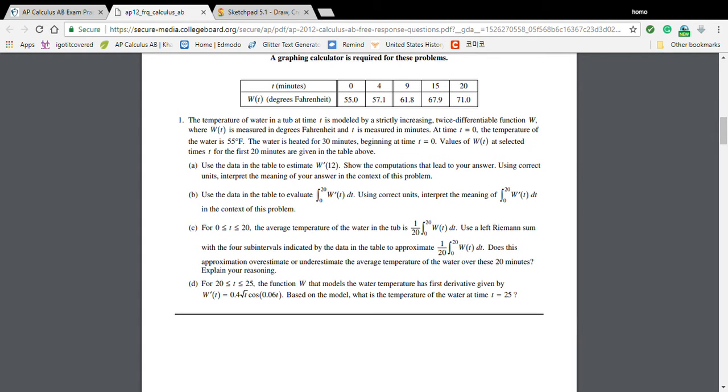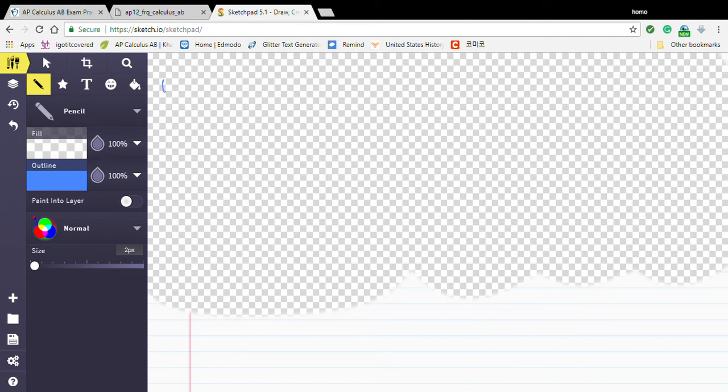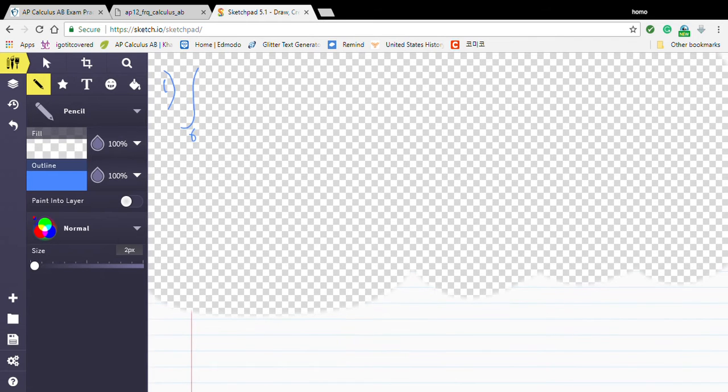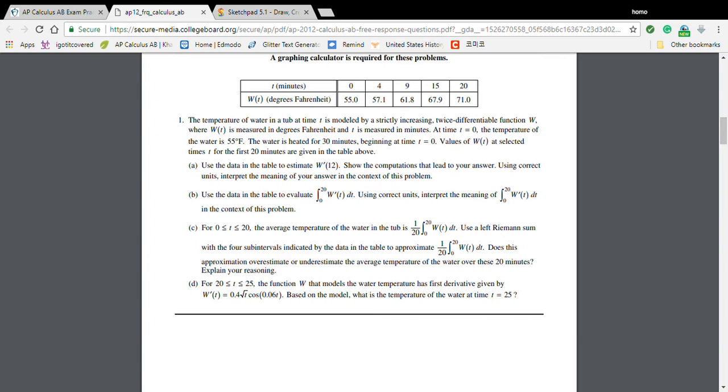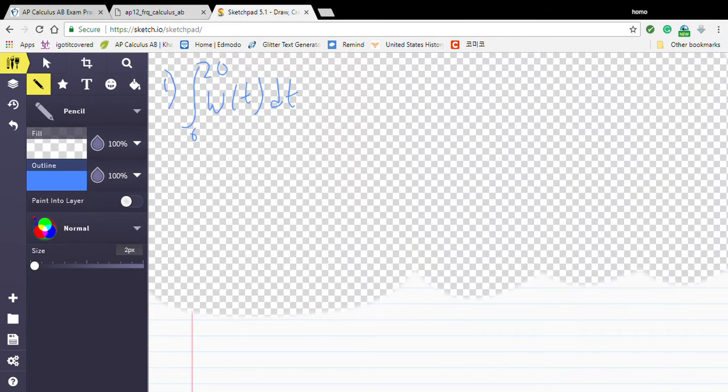Does the approximation overestimate or underestimate? So from 0 to 20, we're using a left Riemann sum of W of t dt. That's our problem, right? Oh, and don't forget this, this is the important part.